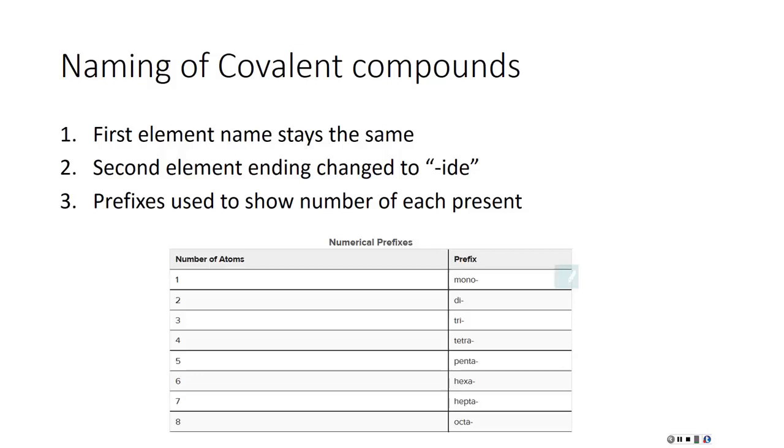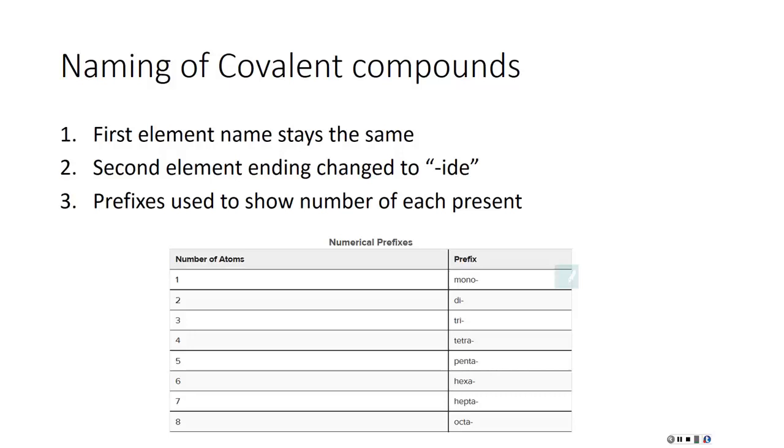The difference between ionic and covalent comes in the third step, the fact that there is a third step. For covalent compounds, you need to show how many of each element there is. And to do this, we use prefixes. So I know you're not going to be happy about this, but I want you to learn the prefixes here.